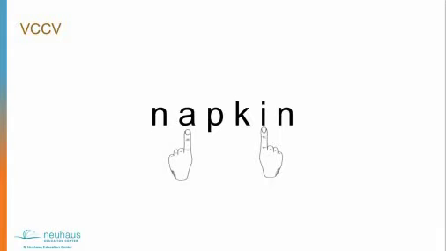Since there are 2 consonants between 2 vowels, this is the VCCV pattern. Next, draw a dividing line between the 2 consonants. English words usually accent on the first syllable, so place an accent mark by the first syllable. Now read the first syllable and read the second syllable. Nap, kin. Finally, read the word with the first syllable accented.